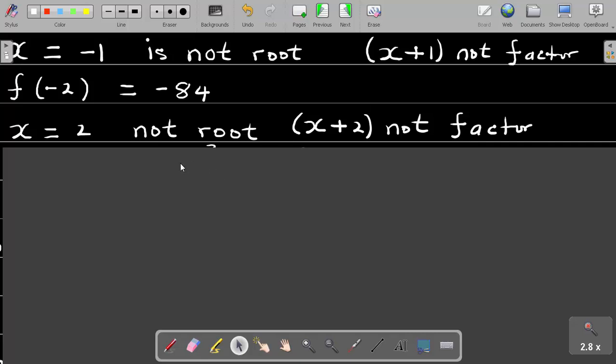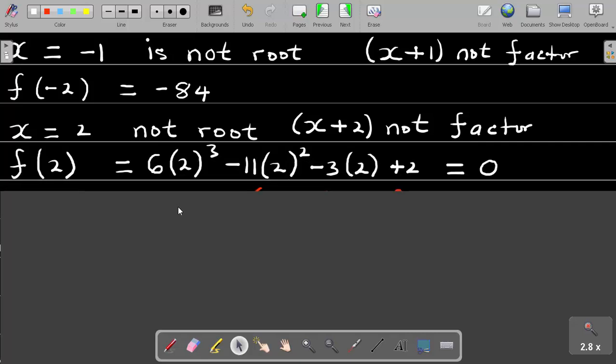So I take another choice now. Negative 2 is not a root here, because you see that negative 2 did not give us 0.